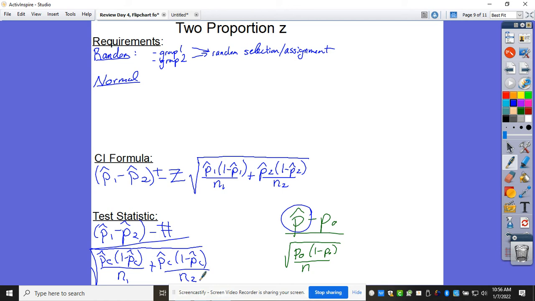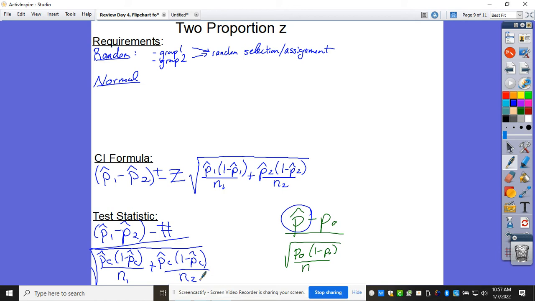Now coming back to normal condition. With a one proportion z, if it was a confidence interval, I had to use p hat because I'm trying to find p. For a test, I used p naught. Do I have a p naught value that I'm going to be using here? Why does p naught get complicated when I do two samples?